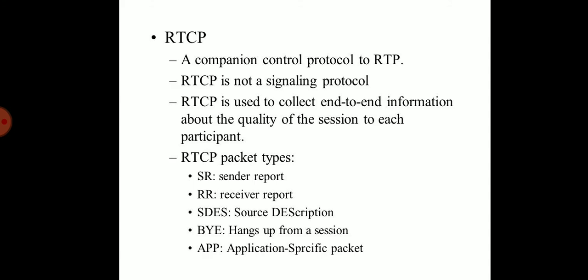The types of packets are the sender report (SR), the receiver report (RR), source description (SDES), BYE, and APP. The sender report gives transmission and reception statistics of an active sender, and the receiver report gives reception statistics from participants that are not active senders. SDES provides source description items such as email, name, phone number, and location. BYE indicates the end of participation by the sender.